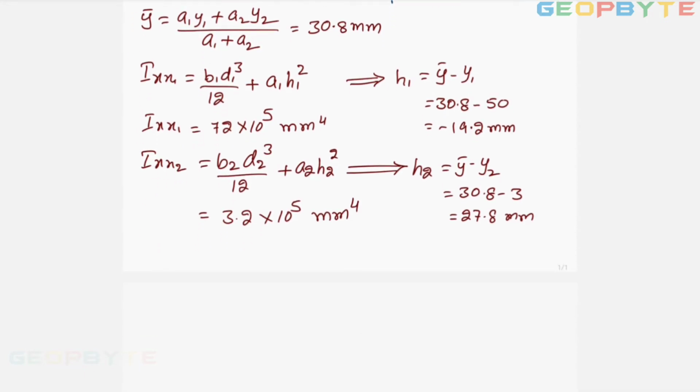Therefore, total moment of inertia Ixx equal to Ixx1 plus Ixx2. You put these two values for getting Ixx around 10.4 into 10 raised 5 mm power 4.